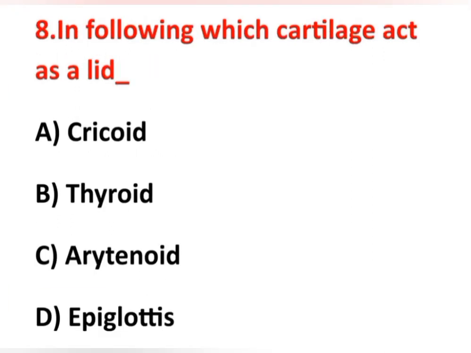Eighth question: in the following, which cartilage acts as a lid? Options are option A cricoid cartilage, option B thyroid cartilage, option C arytenoid cartilage, option D epiglottis. The correct answer is option D epiglottis.